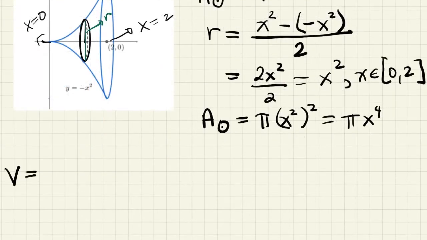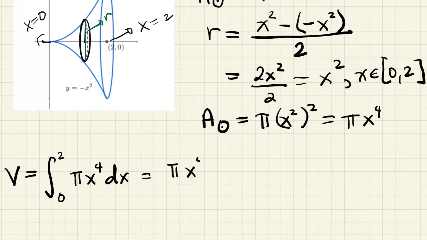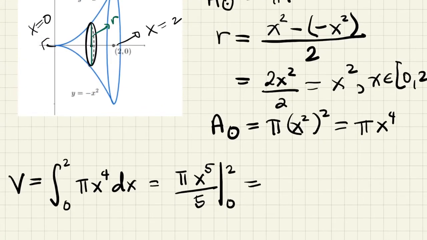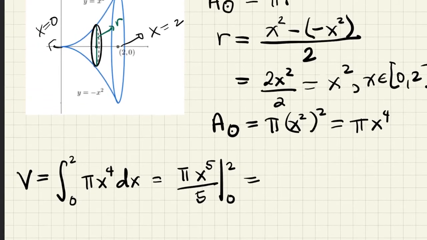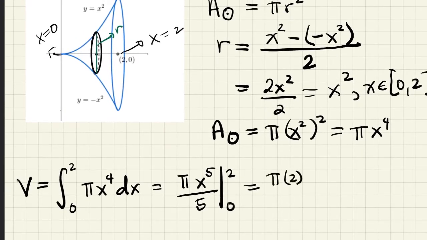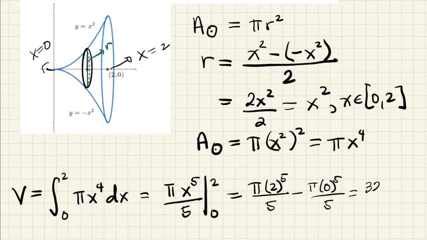So we can now compute for the volume. So the volume is equal to the definite integral of pi x to the 4 dx from 0 to 2. So this is easy to solve. This is pi x to the 5 all over 5 evaluated from 0 to 2. Which is equal to 32 pi all over 5 cubic units.